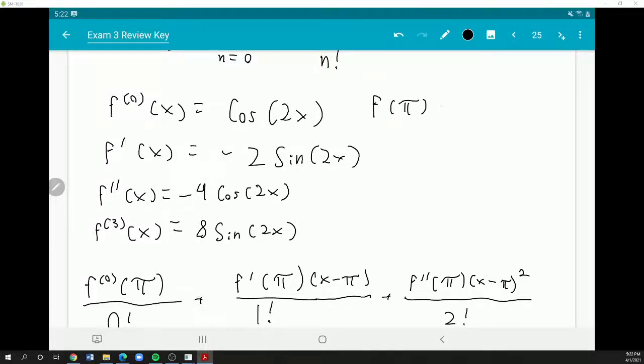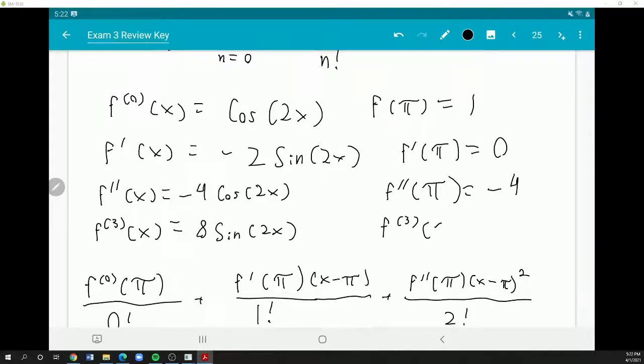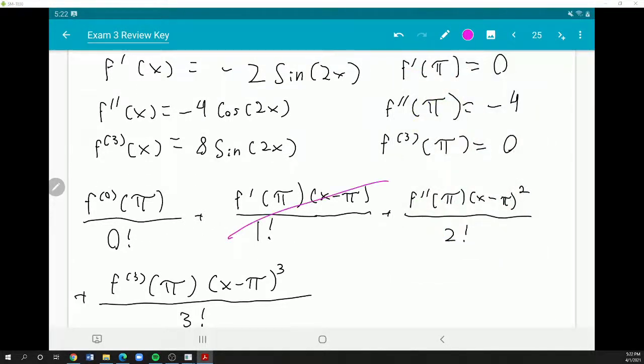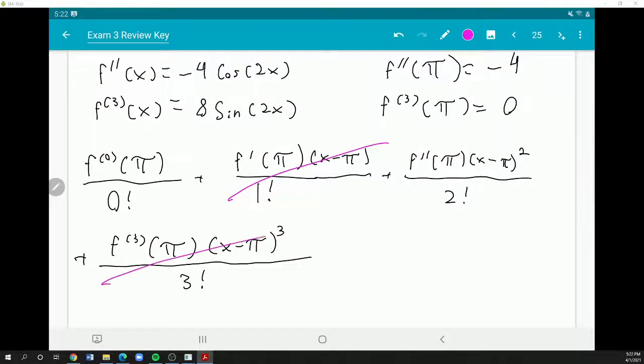That's cosine of 2 pi. That's 1. F prime at pi, sine of 2 pi is 0. F double prime at pi is going to be minus 4 times 1. And the third derivative at pi is going to be 0. So just by that, this term goes away, and this term goes away.